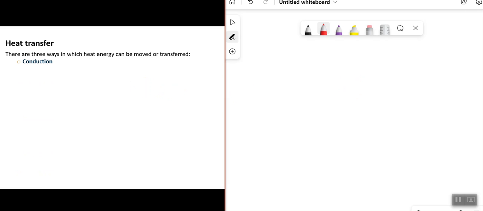So the first way is by conduction. If I have an object, and one side of it is hot, what's going to happen is that the atoms at this side are in contact with the atoms on the other side, so the heat will conduct or move through the substance.